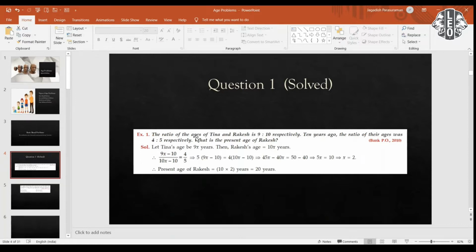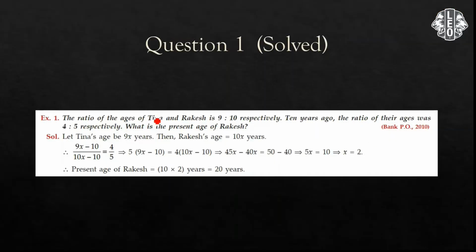The question gives that the ratio of ages of Tina and Rakesh is 9 by 10. Consider Tina as X and Rakesh as R. So we know that X by R is 9 by 10. Then 10 years ago, the ratio of the ages was 4 by 5.